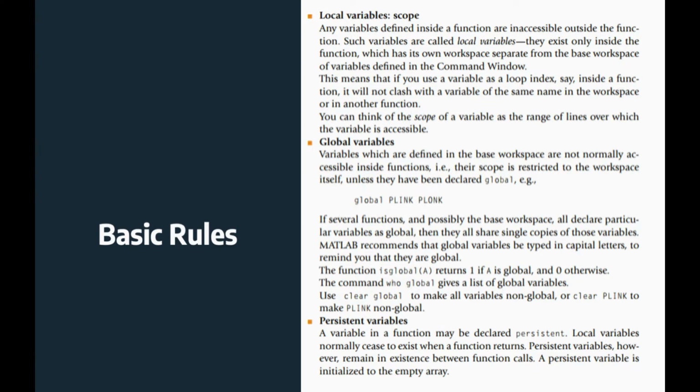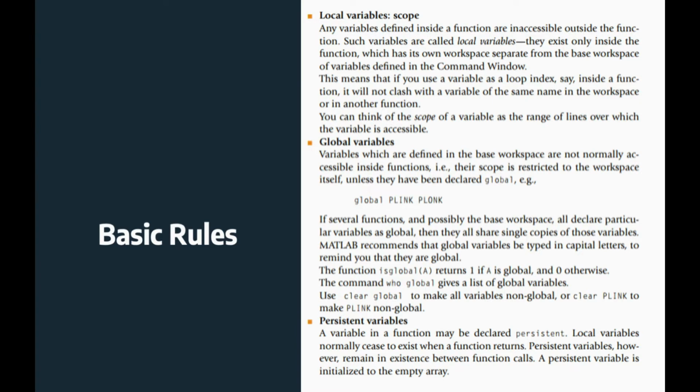Global variables: you can always declare global variables by writing the word global, like in this case, global Planck, whatever he did here. So he identified it as a global variable. There's no local variable in this case. So it doesn't matter if you have script 1, script 2, script 3. If you identify a certain variable as a global variable, you can use it across the scripts without any concerns.